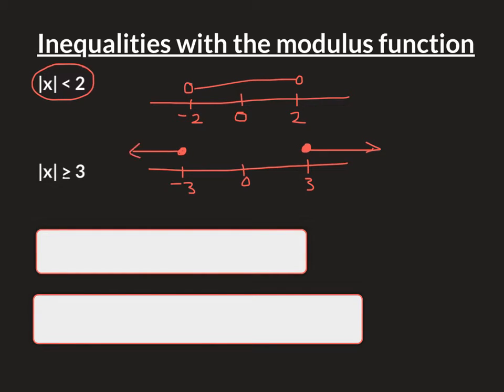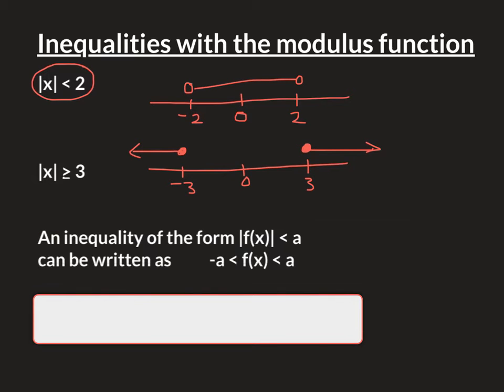Now, these lead onto two important statements that we're going to need to use when solving inequalities with the modulus function. An inequality of the form the modulus of some function is less than a, we can write as f of x being somewhere between negative a and a.